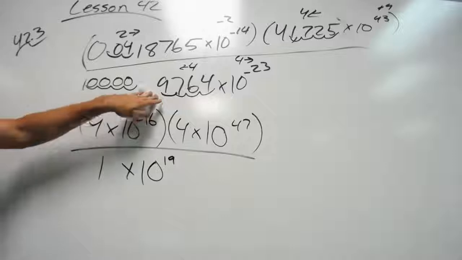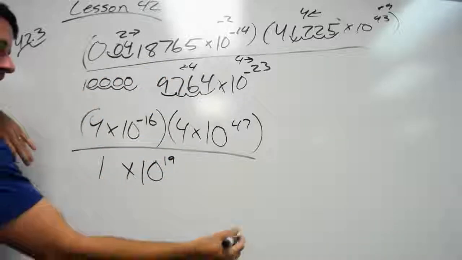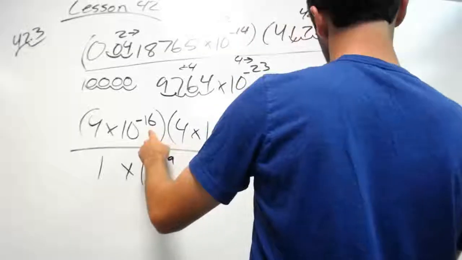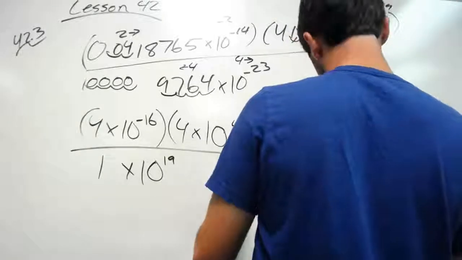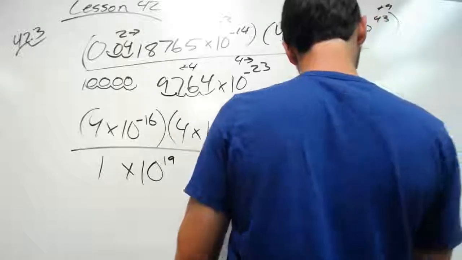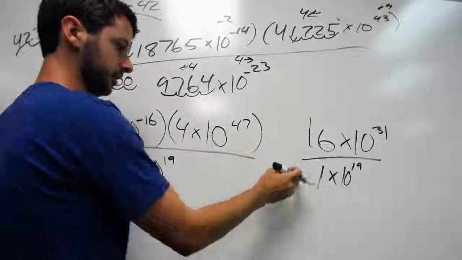You just add an extra 1. And so now we get 4 times 4 is 16 times 10 to the, those would be 31 over 1 times 10 to the 19th. So now we're here. 16 over 1, well, that's just 16.